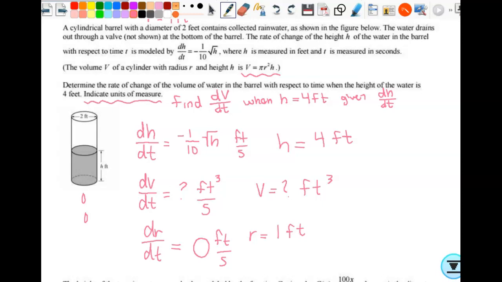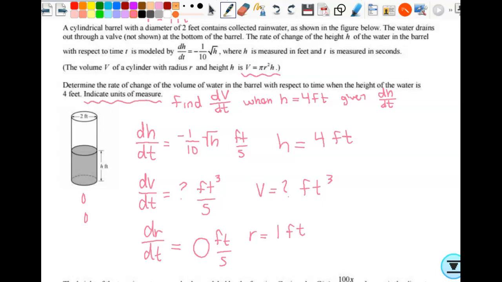Okay, so if I were to use product rule, I would end up with an equation that would require the radius, the height, the rate of change of radius, and the rate of change of height. And we would have to work ourselves through that the radius is constant, so dr dt is 0.